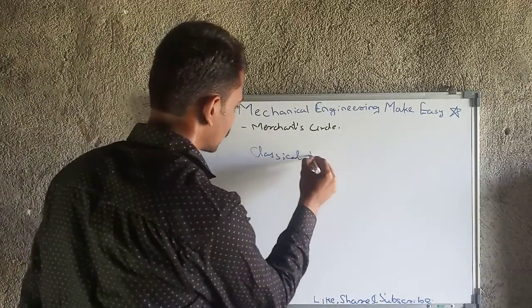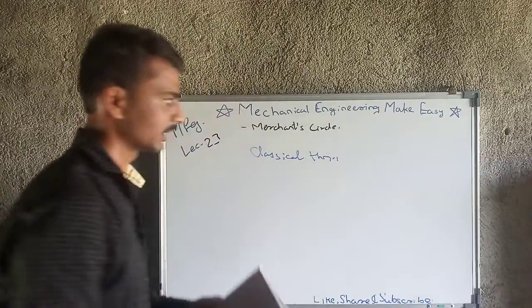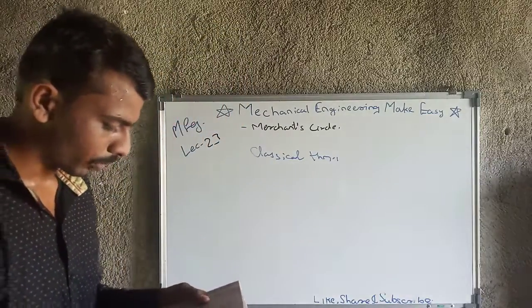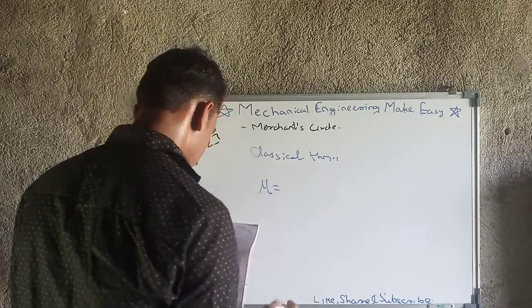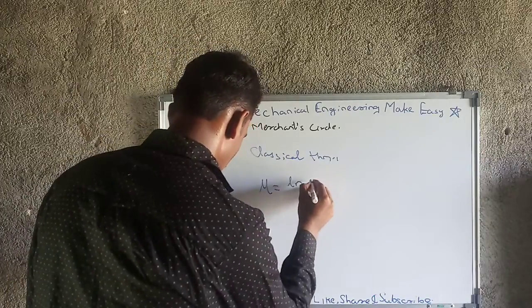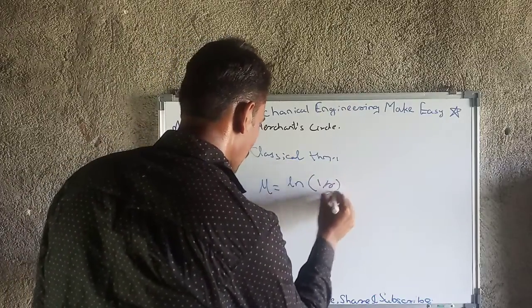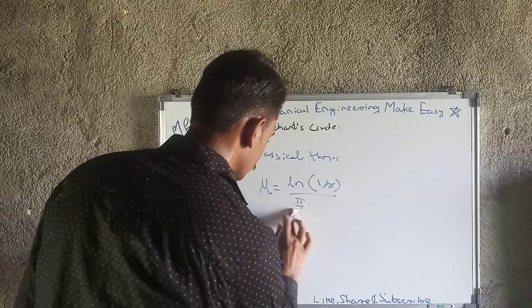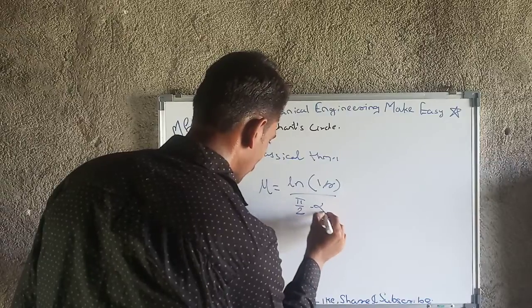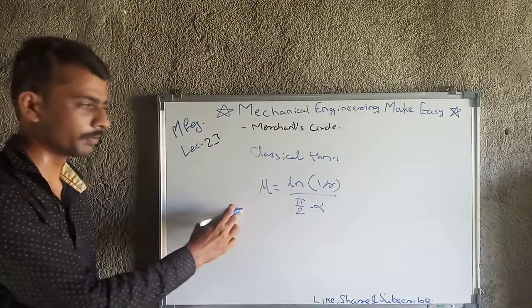Okay, classical theorem. There is one classical theorem, and from that theorem the value of mu came, and that mu is nothing but ln(1/r) upon (pi/2 minus alpha). What is mu? That is nothing but the coefficient of friction.